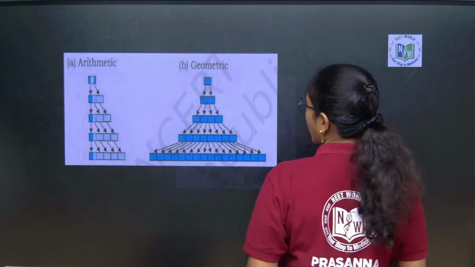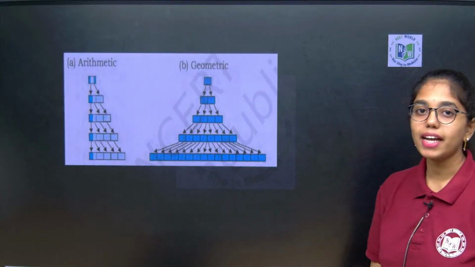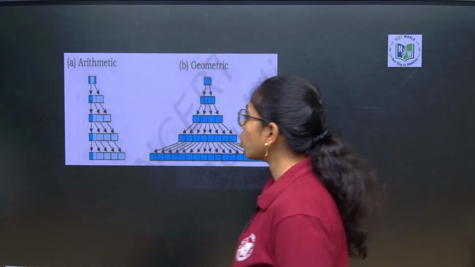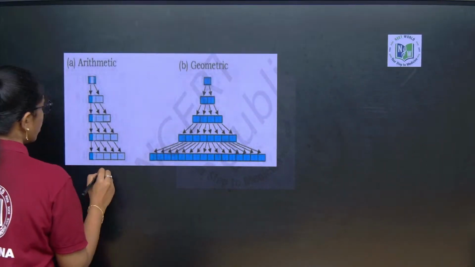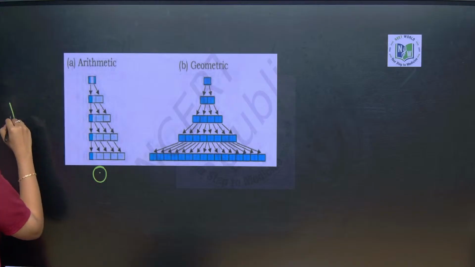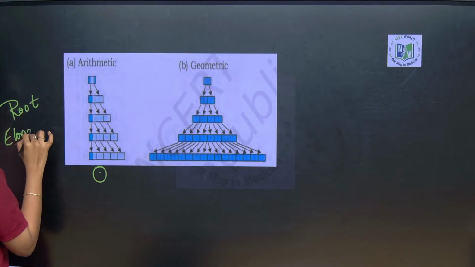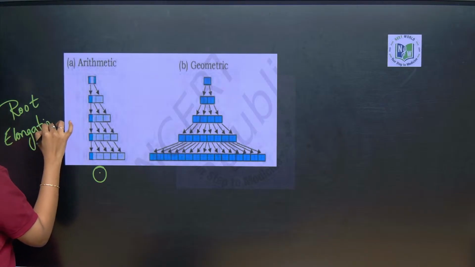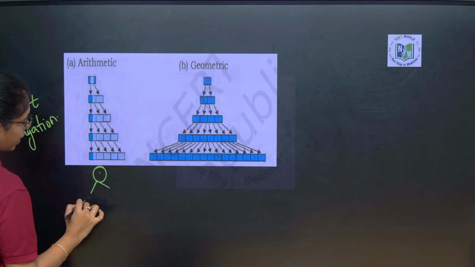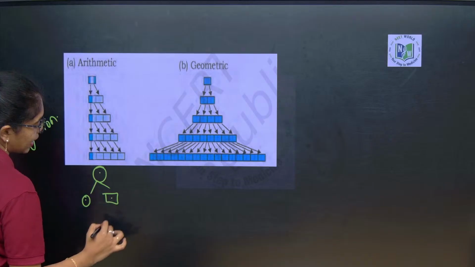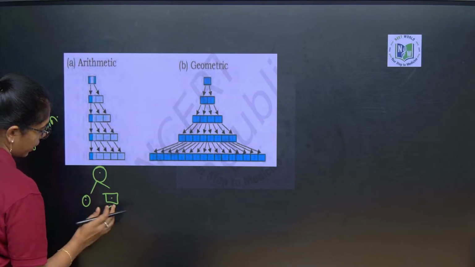And then the arithmetic and geometric growth. Arithmetic growth you can clearly see in the root elongation process, wherein one cell will divide into two, of which one cell gets permanent and the other is meristematic.